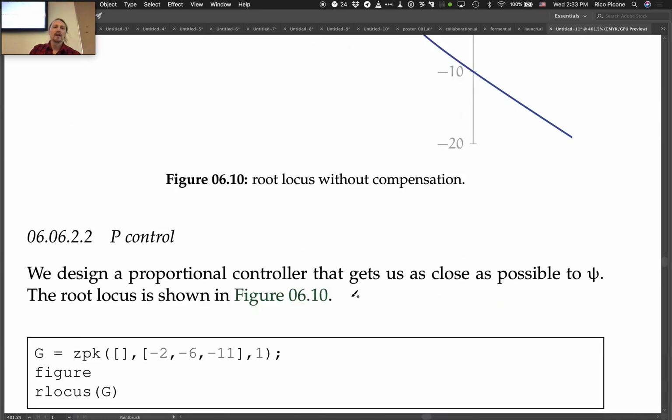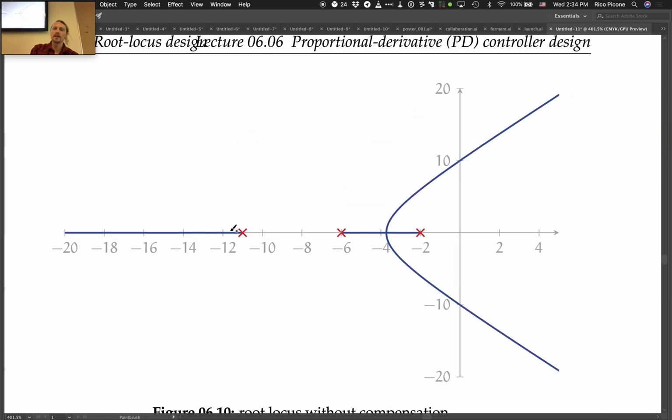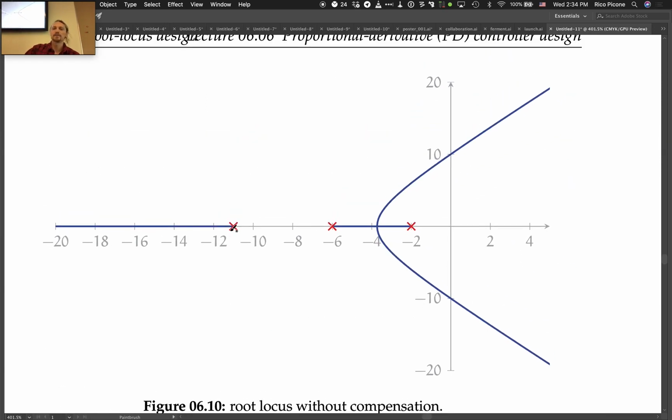Now, we're going to do P control. Let's see if we can get to that test point using P control. So, define our open loop transfer function using zpk. It had those three poles, -2, -6, and -11. Open a figure, use rlocus, and it gives us a figure that looks like this.